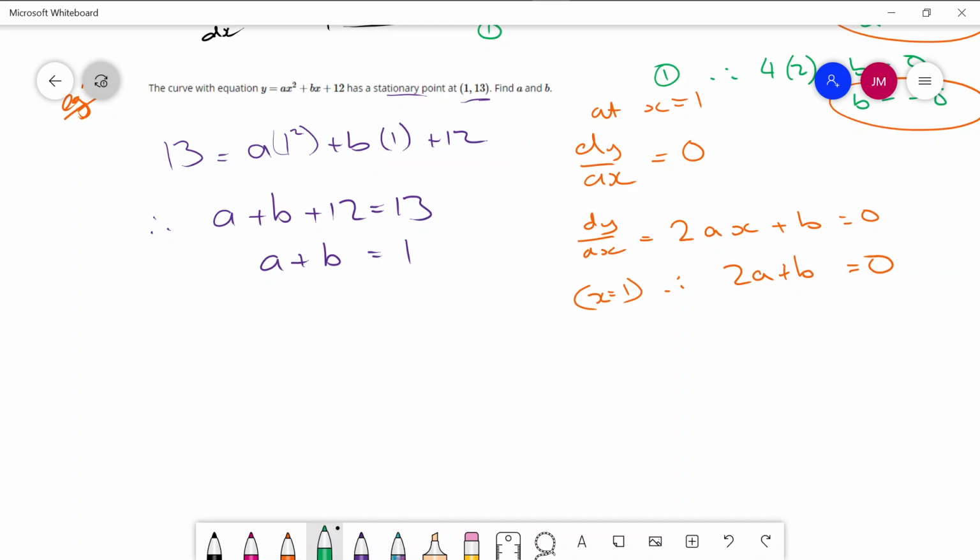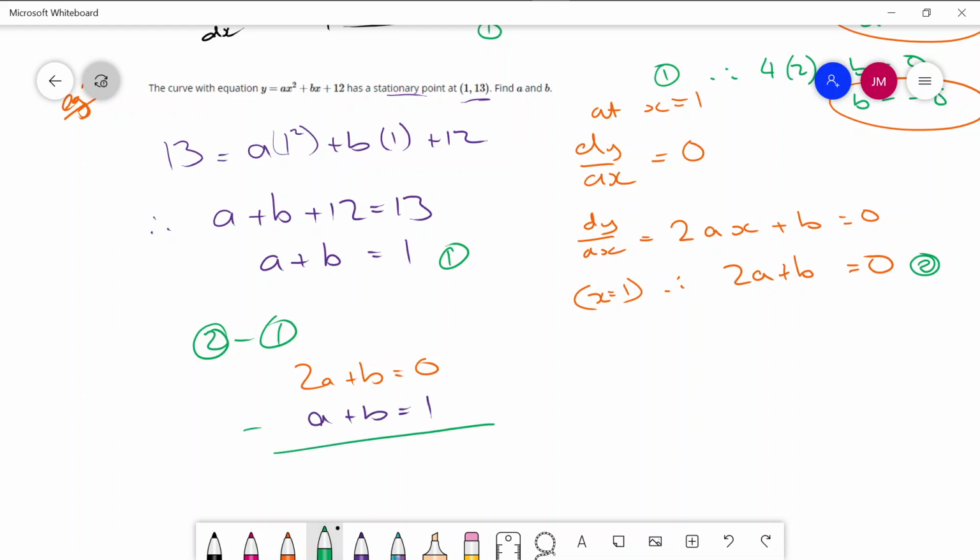Again, two equations. Call them equation 1, equation 2. We want them to drop off. So let's go 2 minus 1 here, just so I get a positive a. 2a plus b equals 0 and a plus b equals 1. And I'm subtracting.